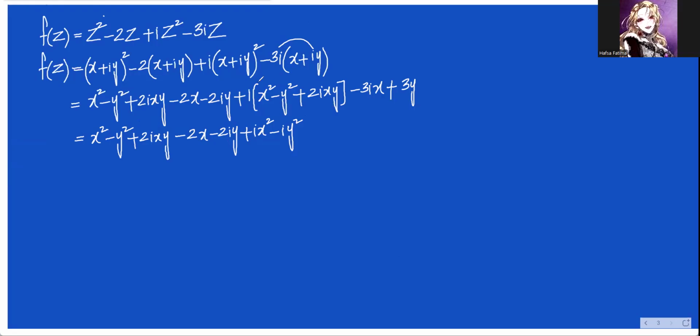Now here there is a logic: i into i square, which is minus 1, minus 2xy, minus 3ix plus 3y. This is our f of z. Now we will write it out so you understand it well.